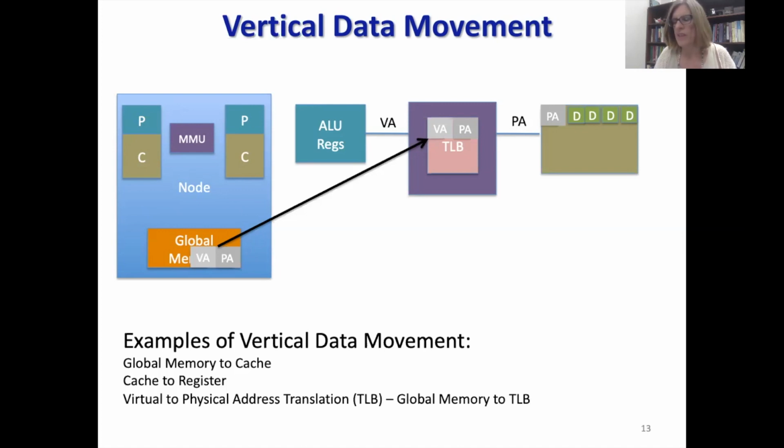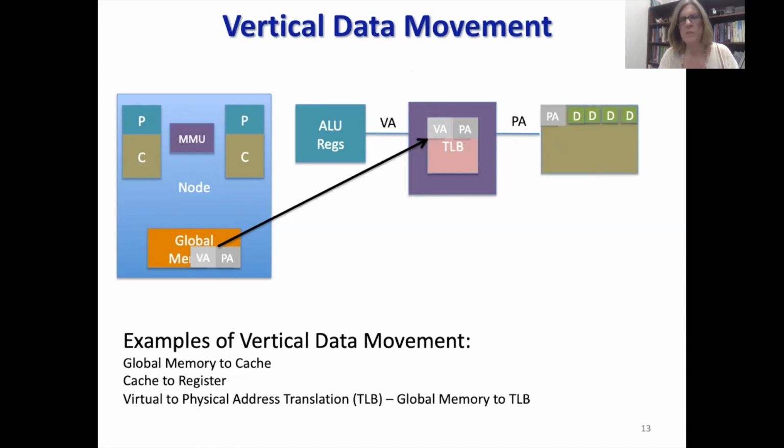During program execution, processors use virtual addresses that must be translated to physical addresses by the memory management unit. So here's a memory management unit blown up into more detail. Virtual addresses come in and physical addresses go out, and the data in the cache is indexed by its physical address.